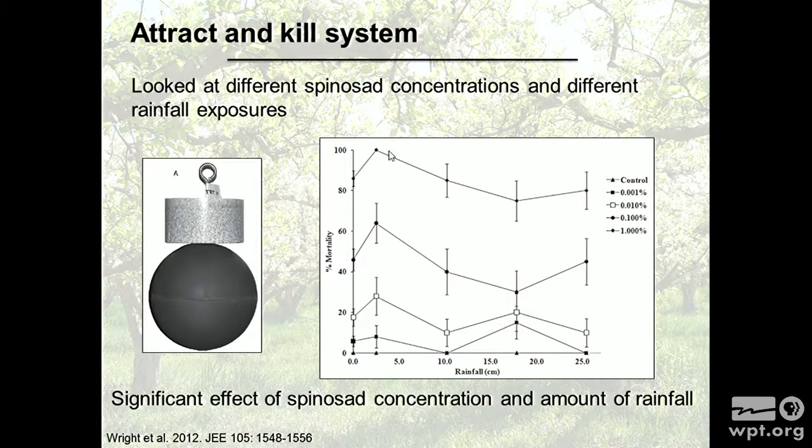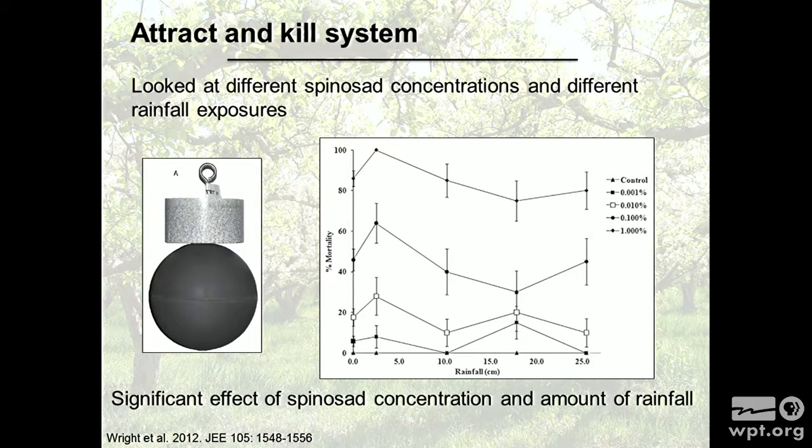What they found here is that there was a significant effect of the concentration of the insecticide. The control is the line at the very bottom, and everything up is the step up in concentration. They did it in powers of 10. Obviously, what you can see in the data is that the higher concentration got the highest percent mortality, and mortality decreases with the decrease in concentration.